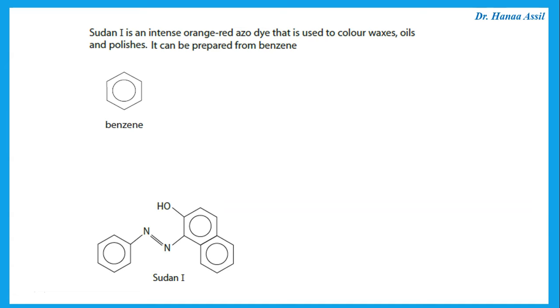This is another question in which we're trying to make the azo dye down there, and we want to prepare it from benzene. So how do we go from benzene to that compound which here he names Sudan 1? So the first thing we need to do, we could put a nitro group, and we said that means we react it with concentrated nitric acid, concentrated sulfuric acid.